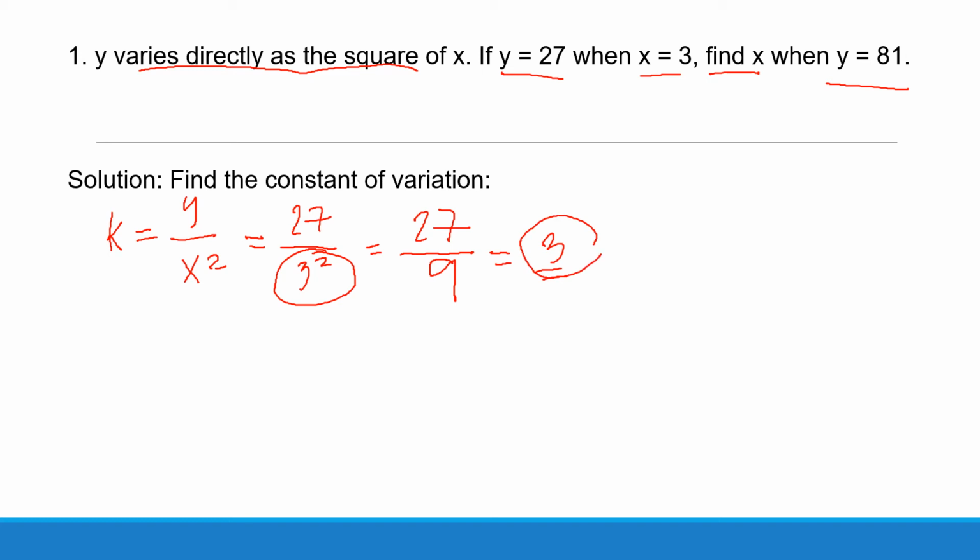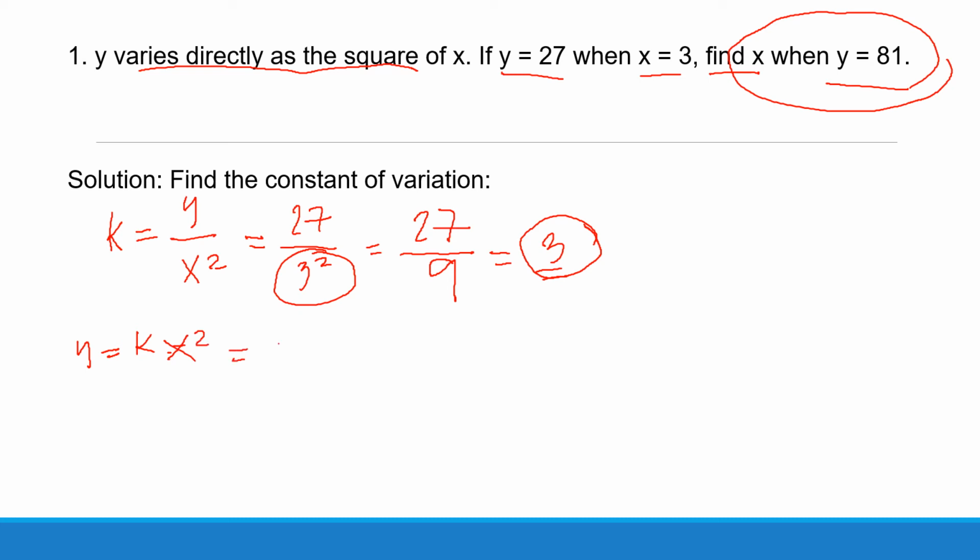After you get this 3, we will use the formula to find the equation, so that we can get the value of our x. So the formula is y equals kx squared.